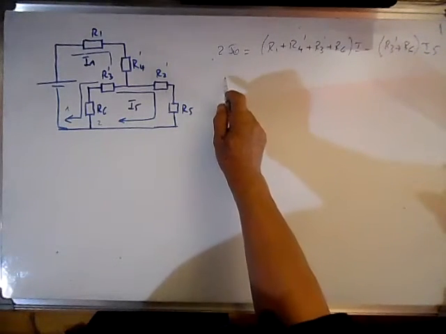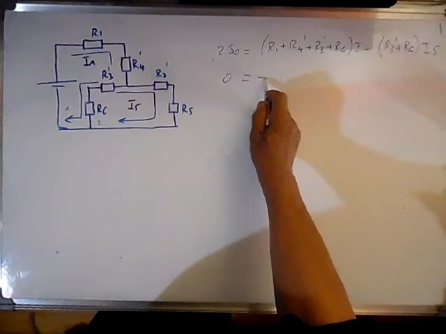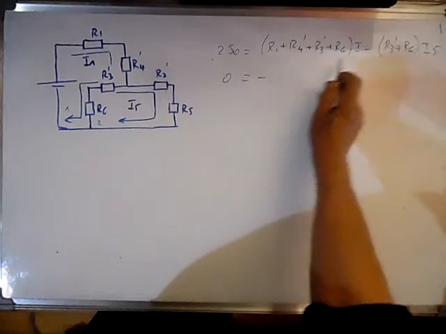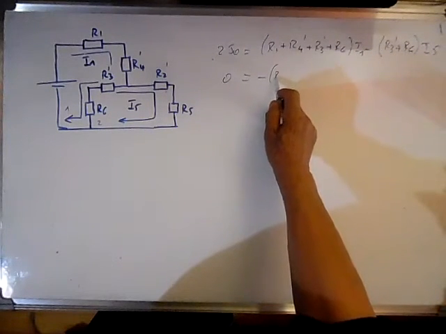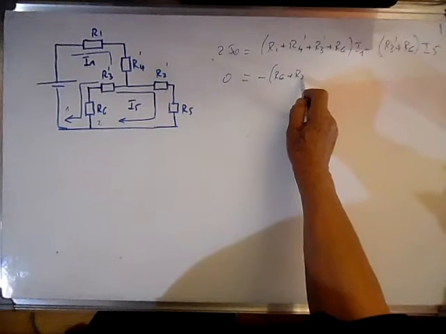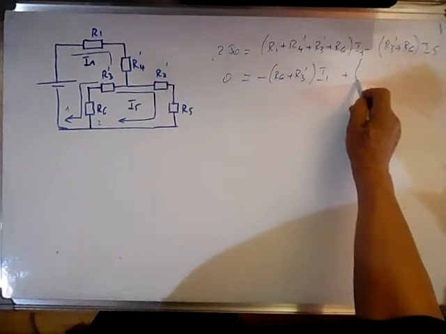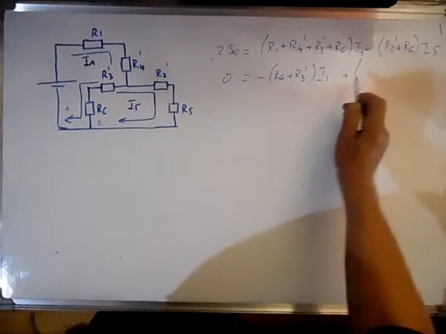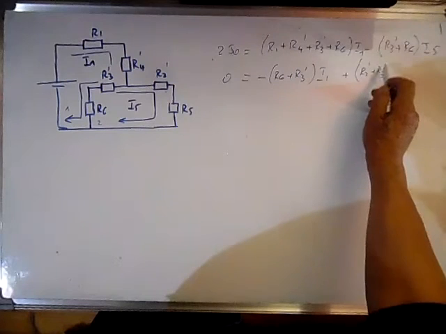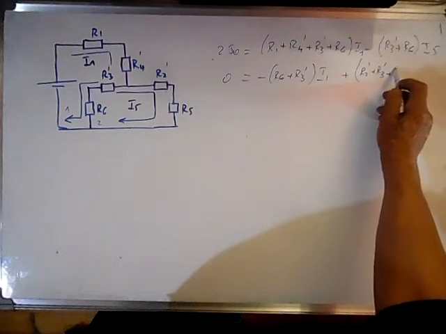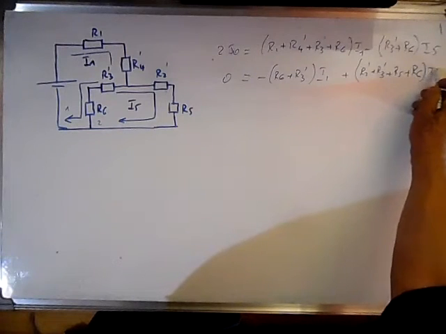Second loop, 0 is equal to minus R6 plus R3 prime times I1 plus the sum of these resistances R2 prime plus R3 prime plus R5 plus R6 times I5.